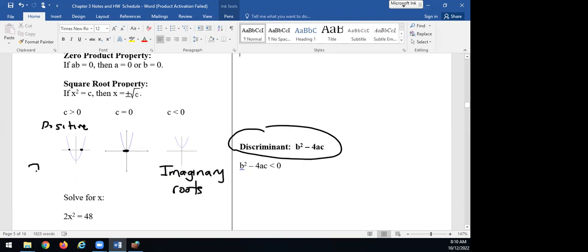So in this case, we have two distinct roots or two different roots. Notice it cuts the x-axis two different places. So you have two different solutions for x. And this now you have one repeated root, or you can treat it like this: two equal real roots.